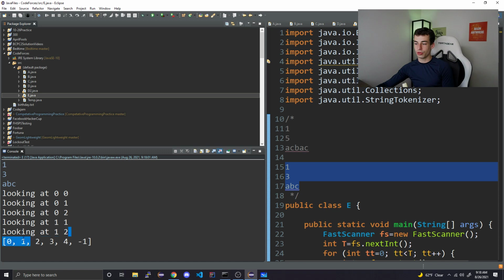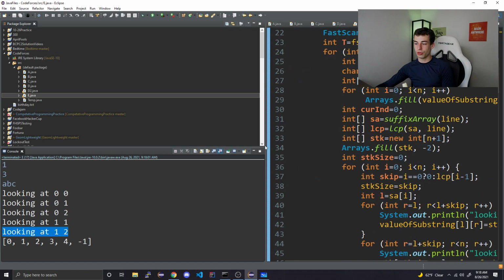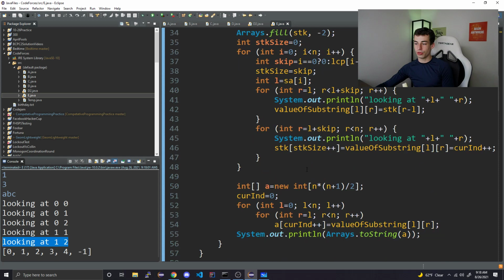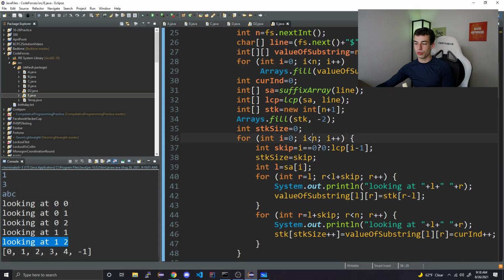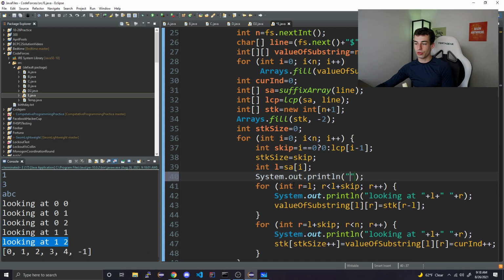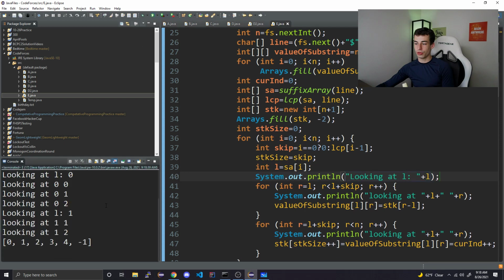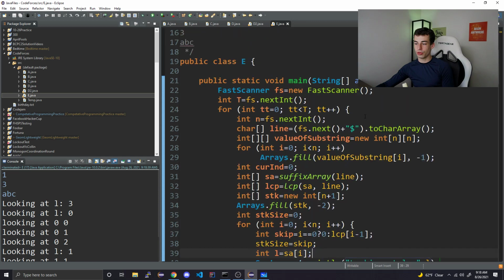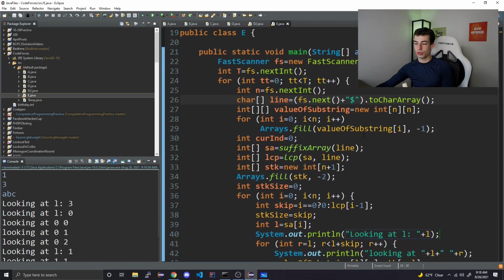So we're missing 2, 2. 3, 0, 3, 0, 1, 2, 3. Why 3? The $ sign. Okay, what if we get rid of that?